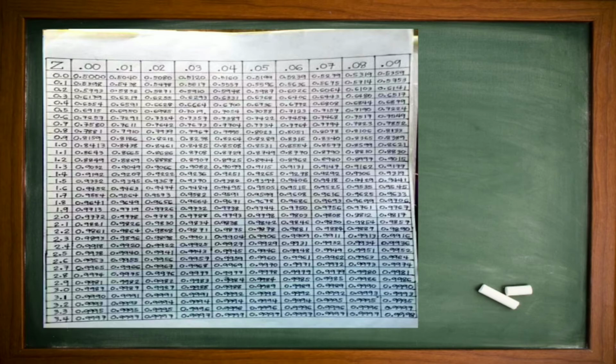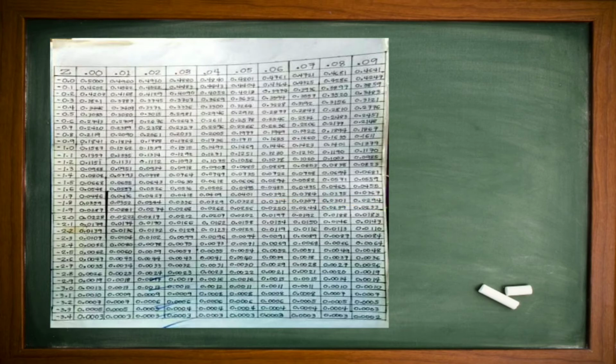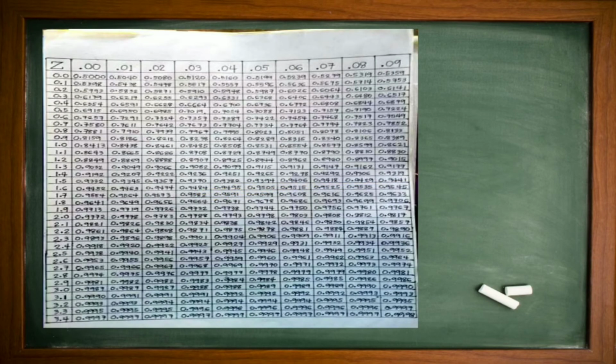And then, meron din silang corresponding value. So, lahat po yan magagamit natin mamaya sa pag-identify ng ating p-value. So, ayan po yung ating negative z-value table and then positive z-value table.